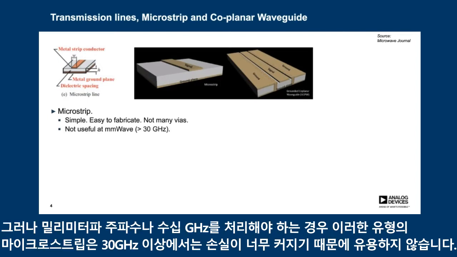However, as we hit millimeter wave frequencies, as we approach tens of gigahertz, we find that these type of microstrip transmission lines cease to be useful and that they're too lossy above 30 gigahertz.